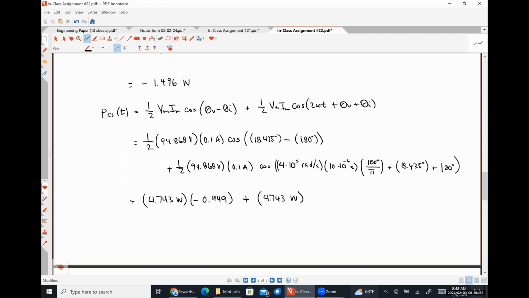So cosine of 4 times 10 to the 5 times 10 times 10 to the minus 6 times 180 over pi plus 18.435 plus 180, which is 0.381, stored as C. What I have in my calculator is A times B plus A times C. And I got negative 2.694 watts.